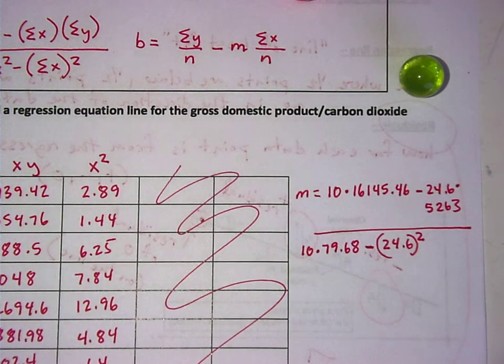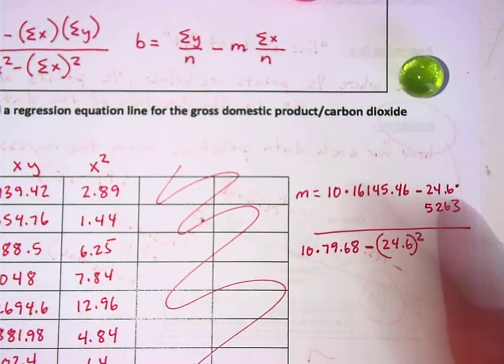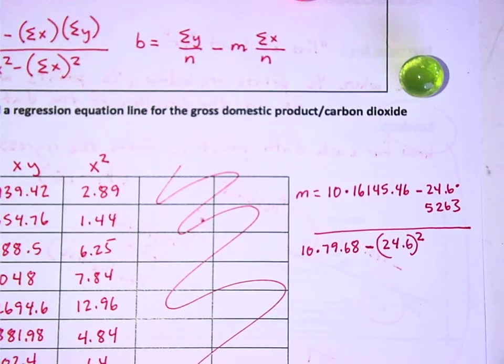When you put it in your calculator, make sure that there's a big parenthesis around the top of the fraction, big parenthesis around the bottom of the fraction.